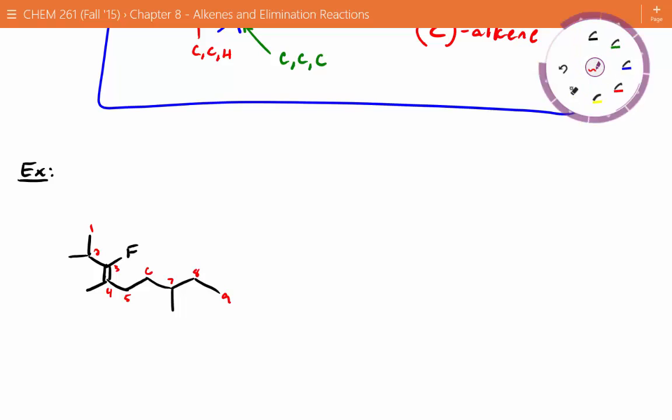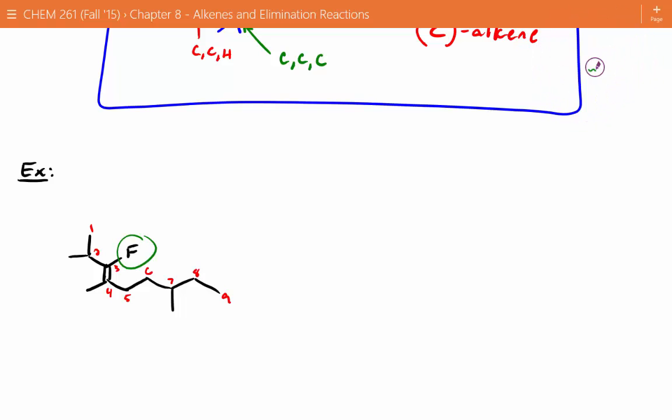And then we want to label our substituents. We've got a fluoro. We've got a methyl. We've got a methyl. And we've got a methyl. All right, is this an E or a Z alkene?